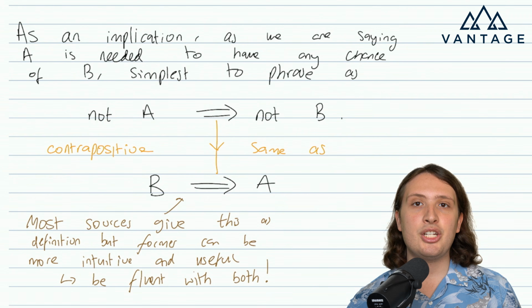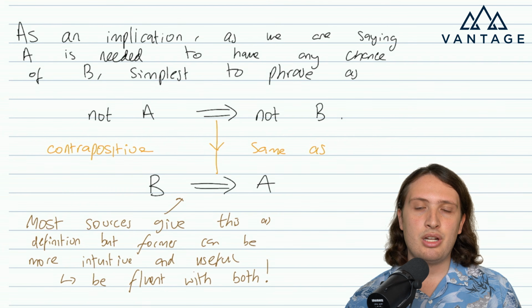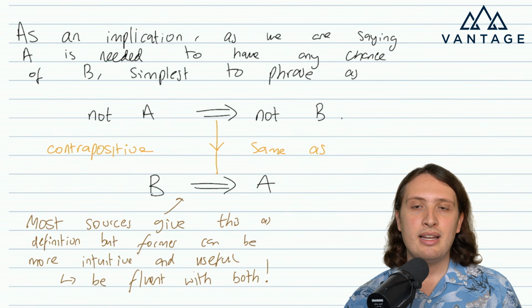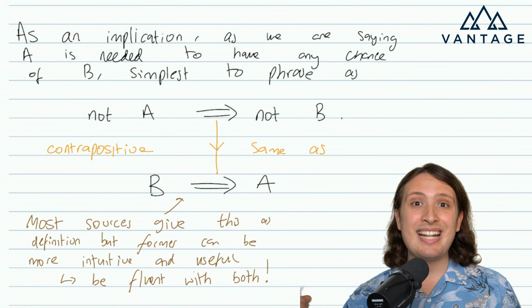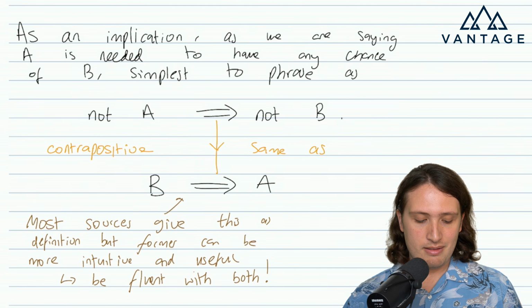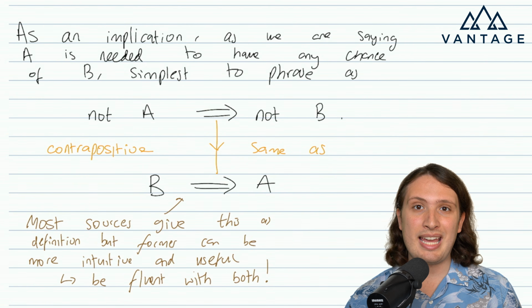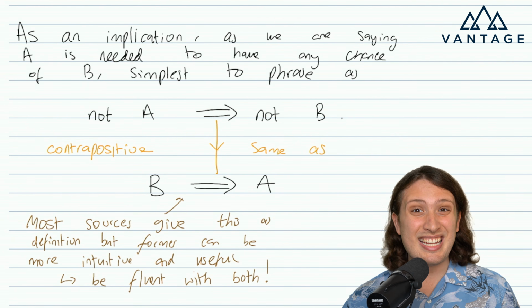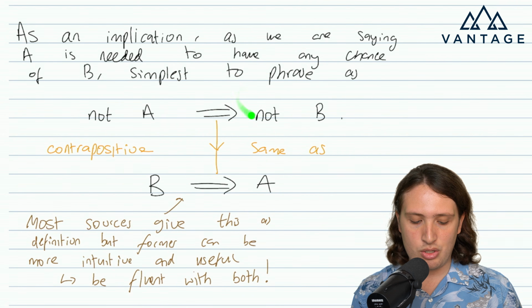So in terms of an implication, I would say that the naturalist way to infer an implication from A necessary for B is actually not A implies not B. So the implication doesn't come from A, because if A is a necessary condition, as I've hopefully really emphasized in this particular section, knowing that A is true does not necessarily tell me B is true. If A is necessary, it's only the case that not having A guarantees that I don't have B, because I needed it to have a chance of B. So the most natural inference is not A implies not B.